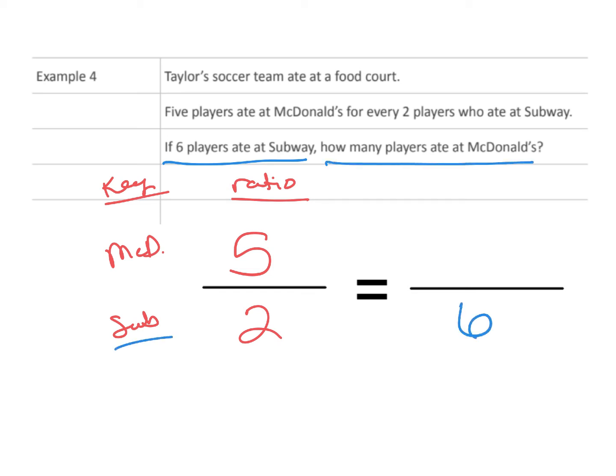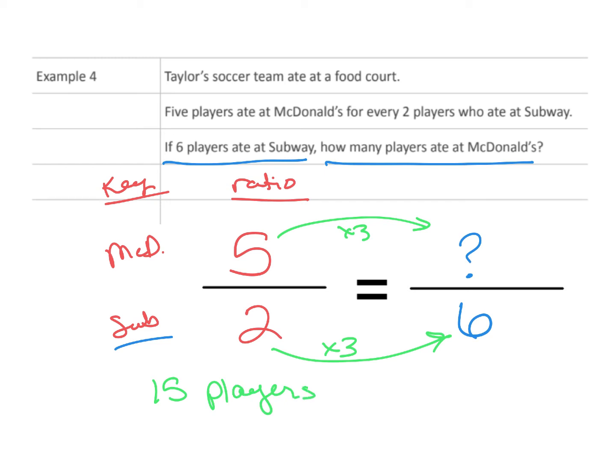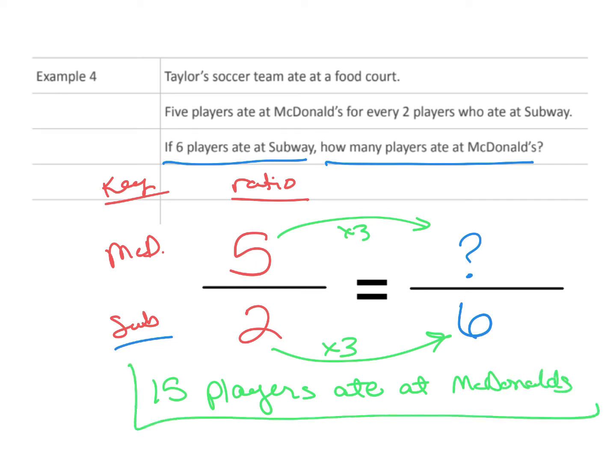How many players ate at McDonald's? That's what I need to find out. Again, going across looks like the easiest. 2 times 3 equals 6, so 5 times 3, 15 players ate at McDonald's. And there is my answer.